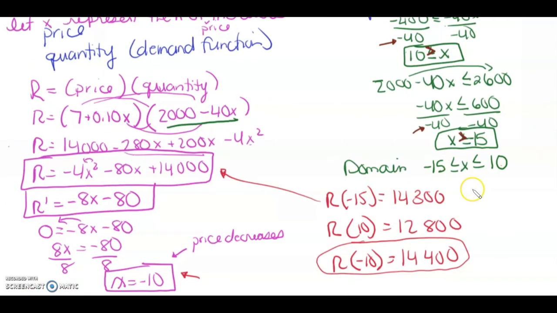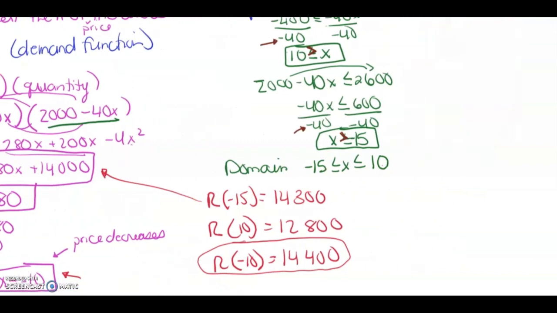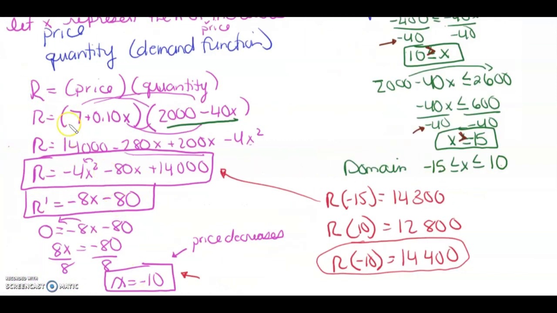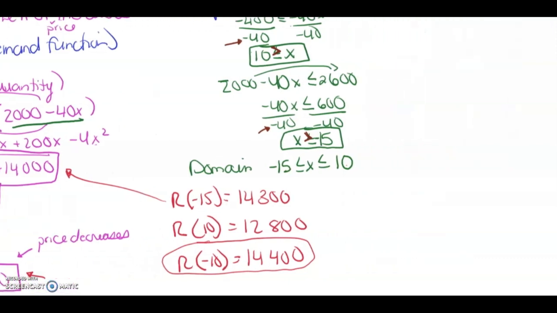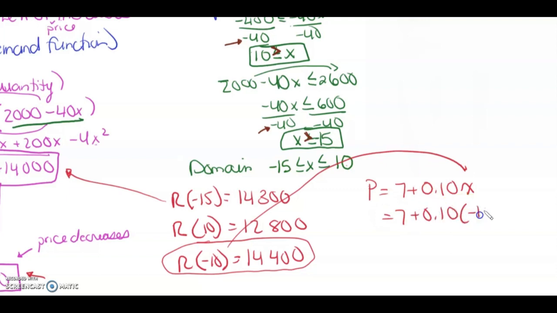In regards to the fare, we want to take the price, which is 7 plus 0.10x. Let's sub that negative 10 into the x, and the price is going to be $6.